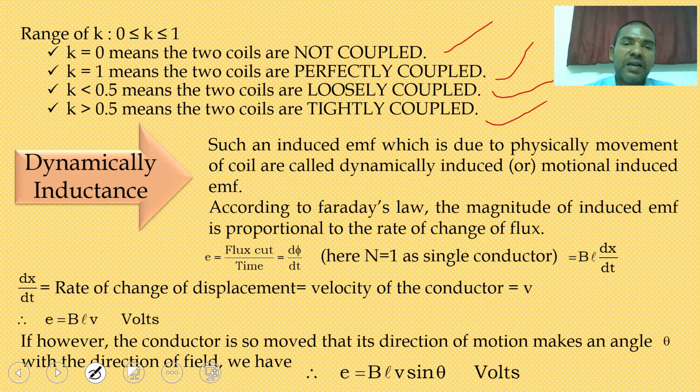So if it is the best coupling, M is substituted as root of L1 L2, and the value of K is equal to 1.